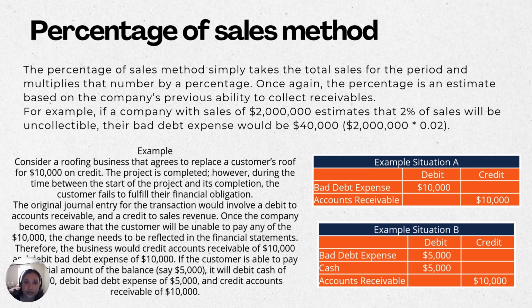But if the customer is able to pay a partial amount of the balance, which is $5,000, it will be debit cash for $5,000, debit bad debts expense for $5,000, and credit accounts receivable for $10,000.